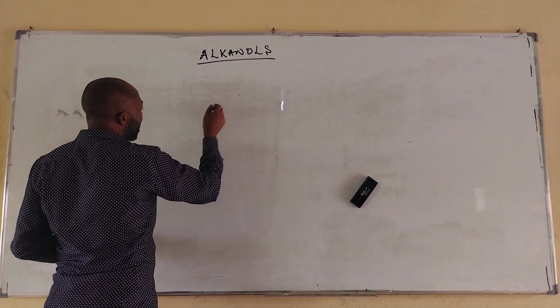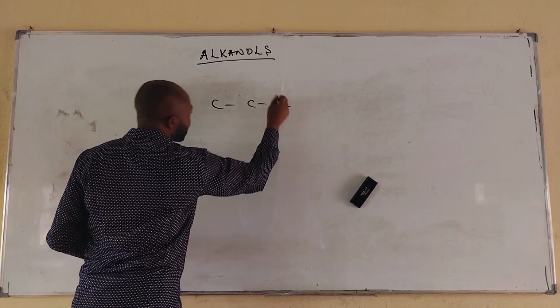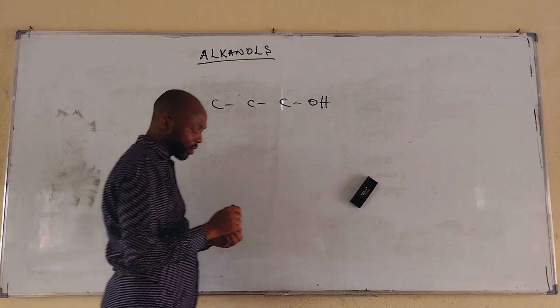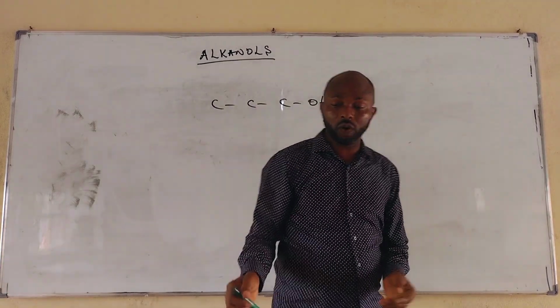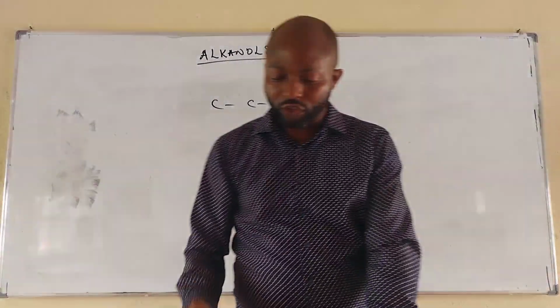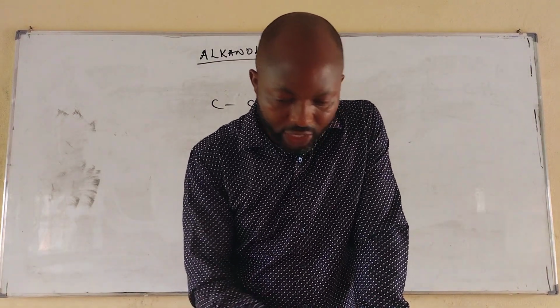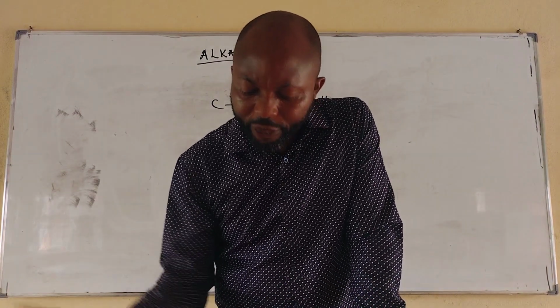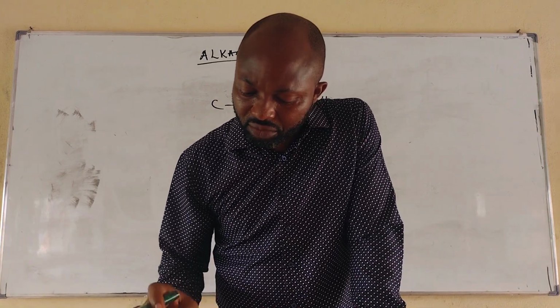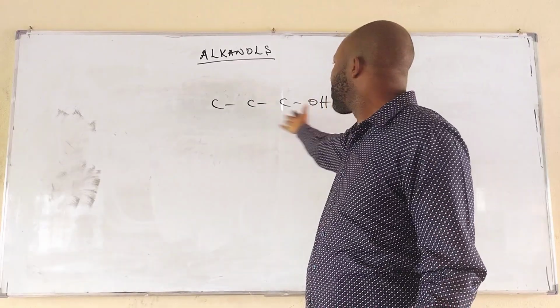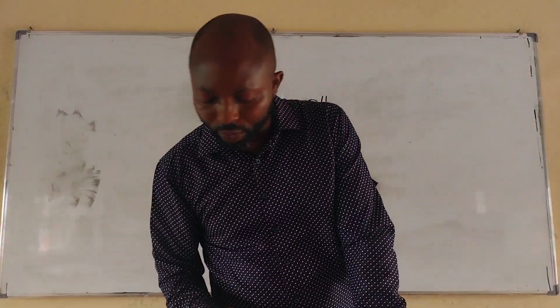So we can have something like this, and we have just one OH group, and that is 1-propanol. It can be 1-butanol. It can be anything. So let's take the primary alcohols. Okay, I've talked about this one. Let me give you another example.